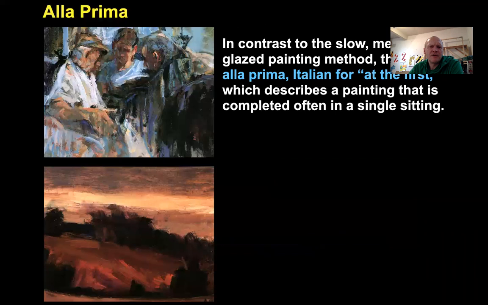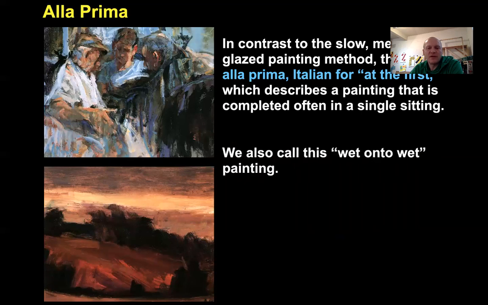Alla Prima. In contrast to the slow, methodical glaze painting we just talked about, Alla Prima means at the first. So that describes a painting that is completed in one sitting, kind of like what you would do with watercolor a lot. Alla Prima is like all at once. I'm going to sit down and make this whole painting all at once.